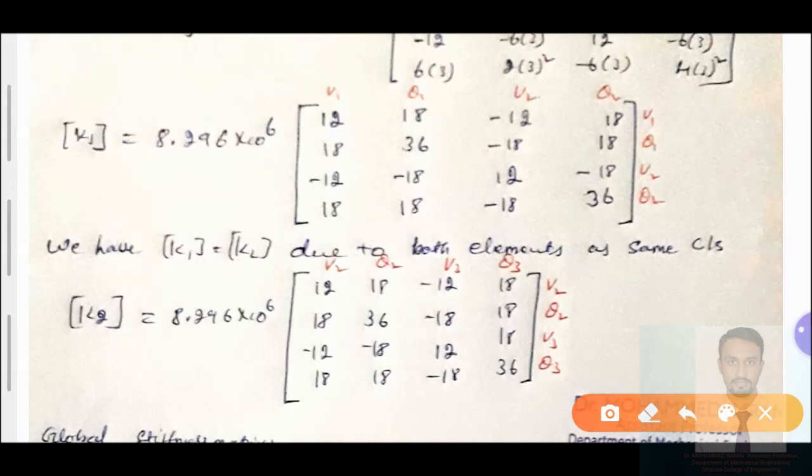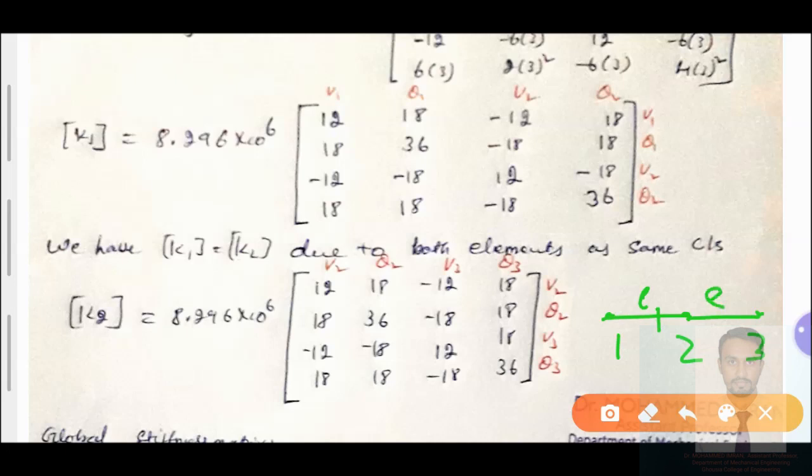Why? Because the element lies between node number 2 and 3. When the element starts from node number 2 and ends at node number 3, the characteristics of the rows and columns change. See here, we have node number 1, node number 2 and node number 3. Element number 1 starts at node number 1 and ends at node number 2, and element number 2 starts at node number 2 and ends at node number 3.